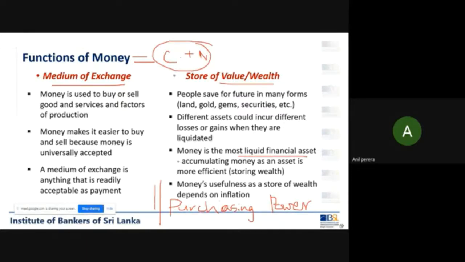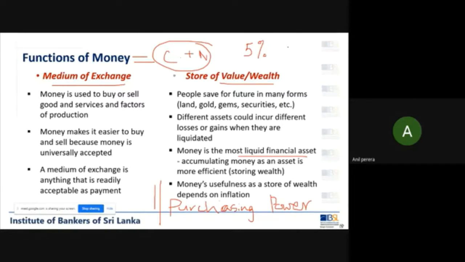So you can compensate for the loss of value through interest. Usually that interest should be higher than your inflation. Now let's say inflation is 5%. In 5 years time, your money value should decline by 5%.